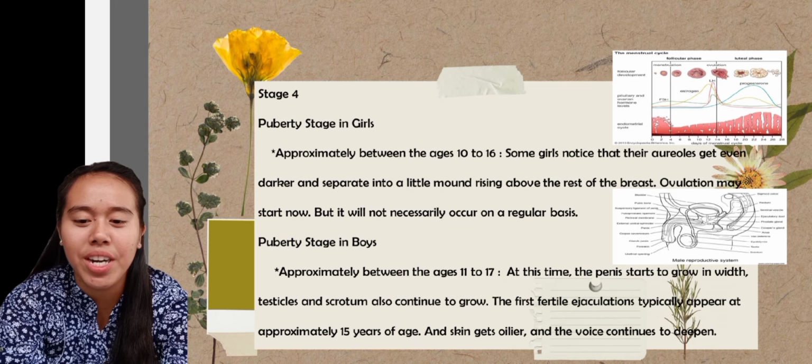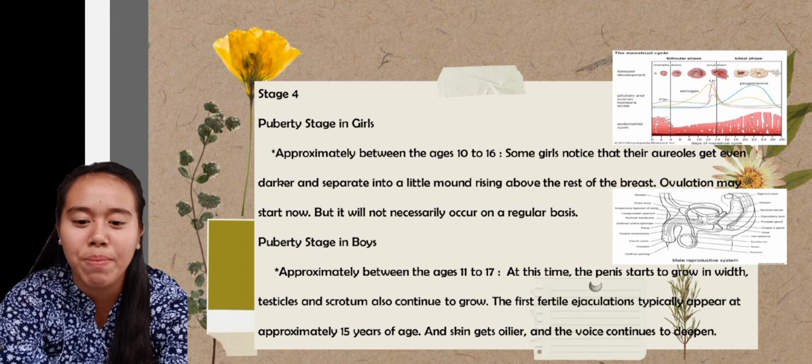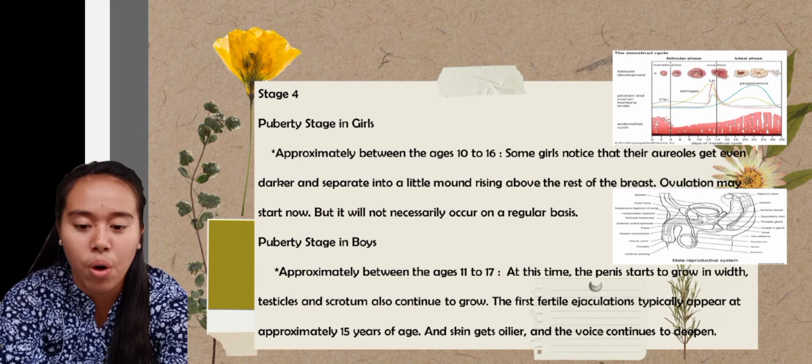For stage 4 of puberty in girls, approximately between the ages 10 and 16, some girls notice that their areolae get even darker and separate into a little mound rising above the rest of the breast. Pubic hair may begin to have a more adult triangular pattern of growth.